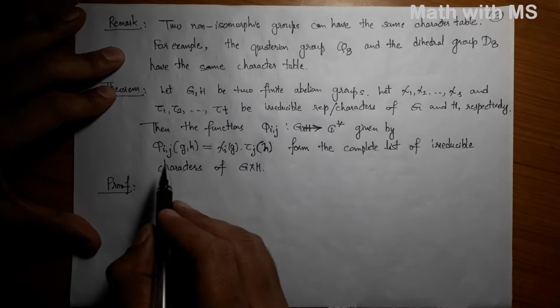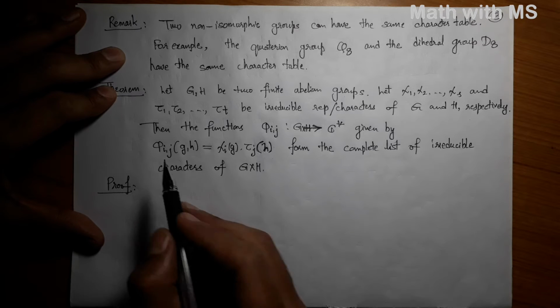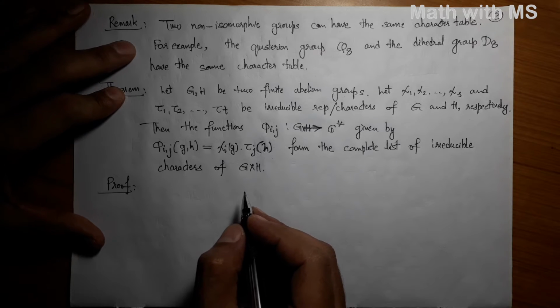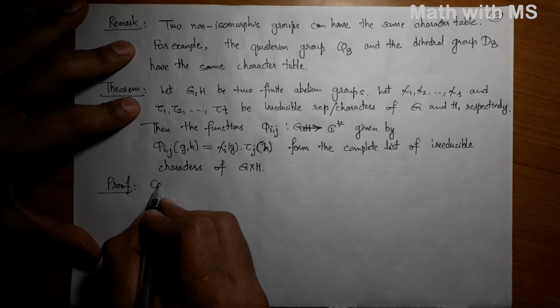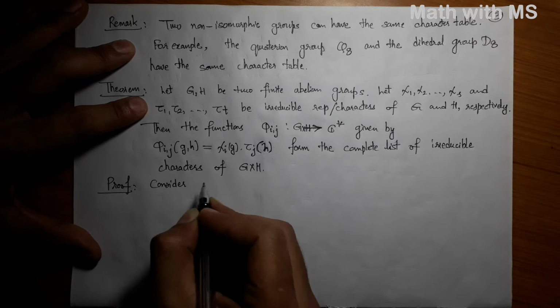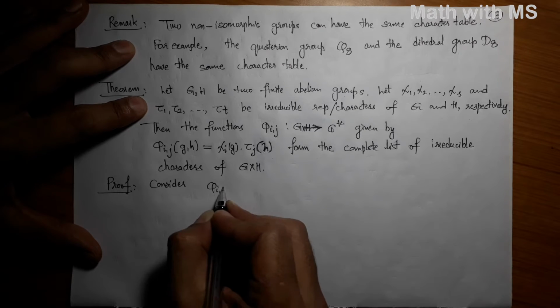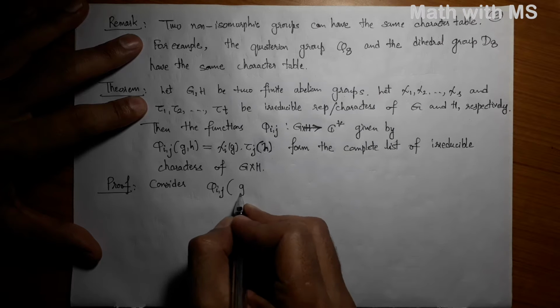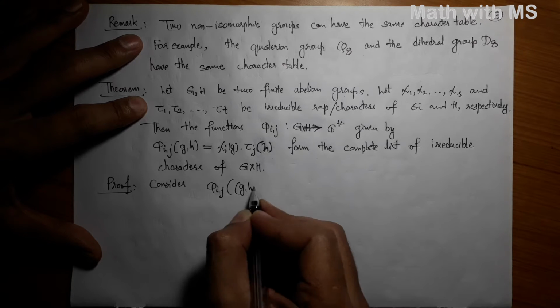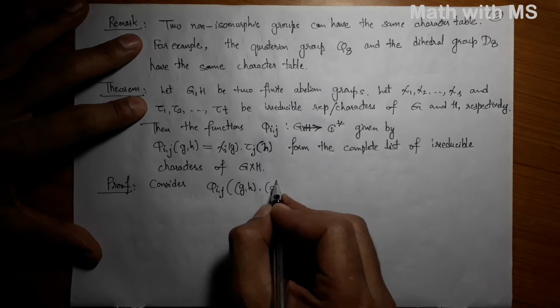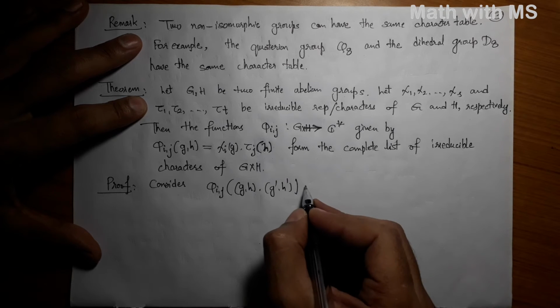We first show that each phi ij is a group homomorphism. So consider phi ij of (g,h) times (g',h').